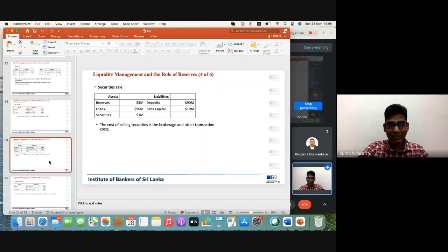This is the assets and liability management: how we are going to manage. What you can do is sell 9 million worth of securities and maintain the 9 million reserves. Then securities will be deducted by 9 million. Earlier we had 10 million, now it's only 1 million, and reserves increased by 9 million. Now you are okay.